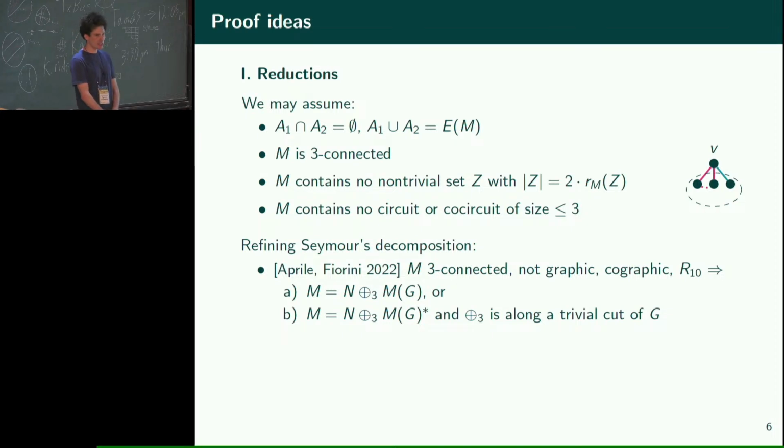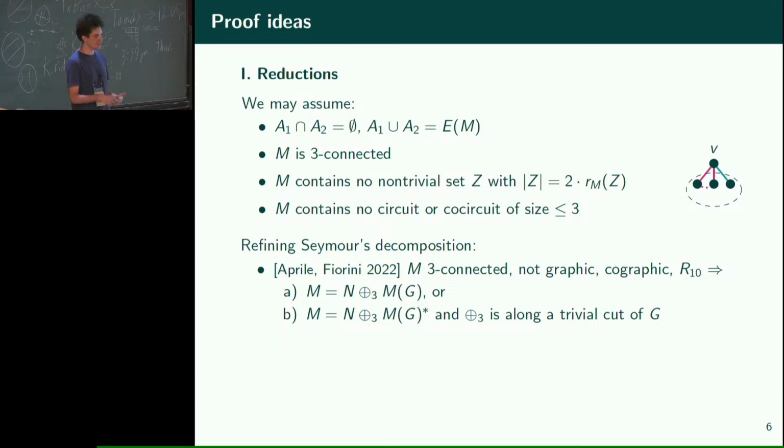And for regular matrices, we used slight generalizations of Seymour's decomposition theorem. So if a matrix is 3-connected, we didn't only use that it's the 3-sum of two smaller regular matrices, but we used that it's either a 3-sum with a graphic matrix or with a co-graphic matrix, where this gluing is quite special.